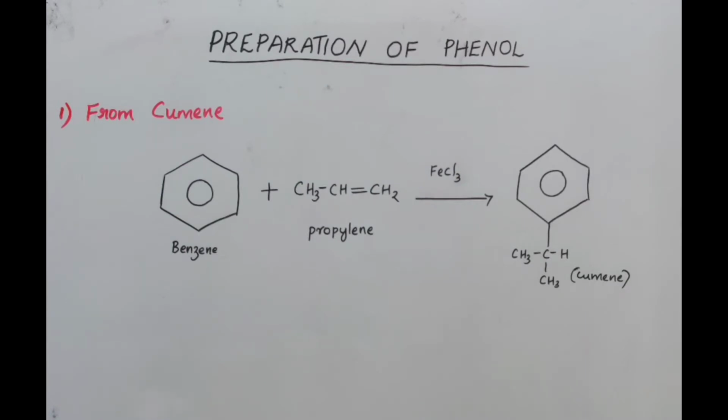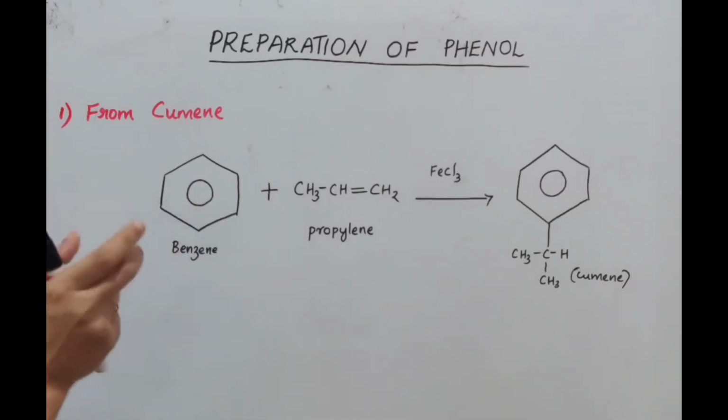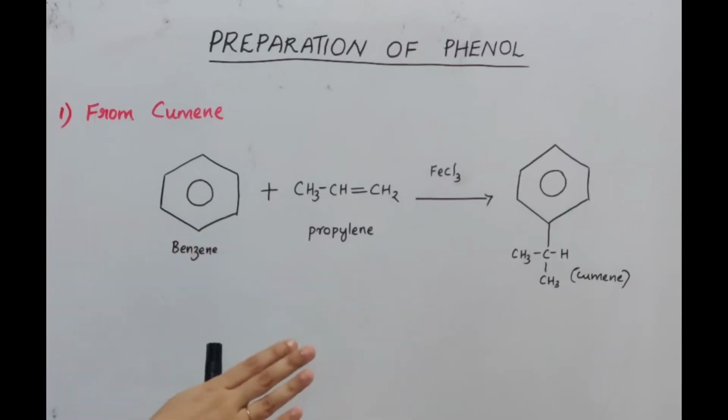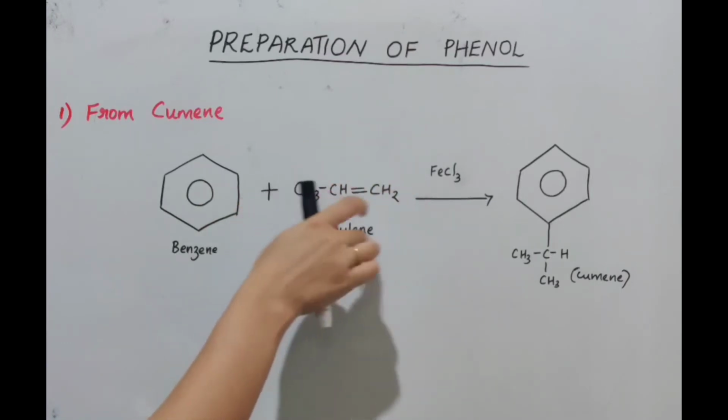Most commonly, the alkylating agents used in the Friedel-Crafts reaction are alkyl halide, alcohol or alkene.